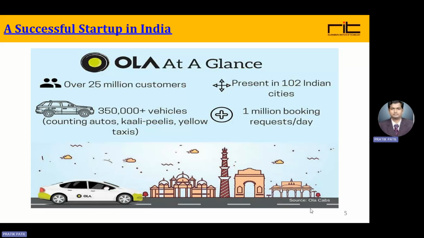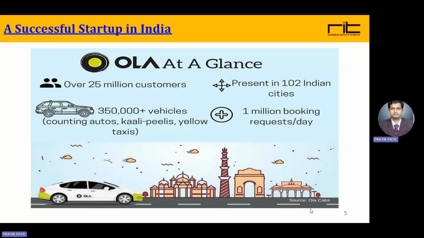So they identified some problems, like lady travelers traveling at night not having security in major cities. Along with that, there was no organized structure for cabs, and then they formed this startup.